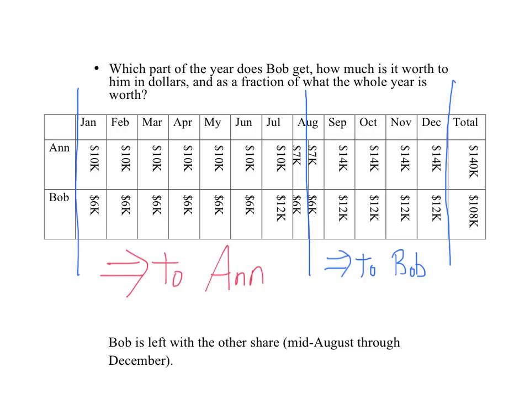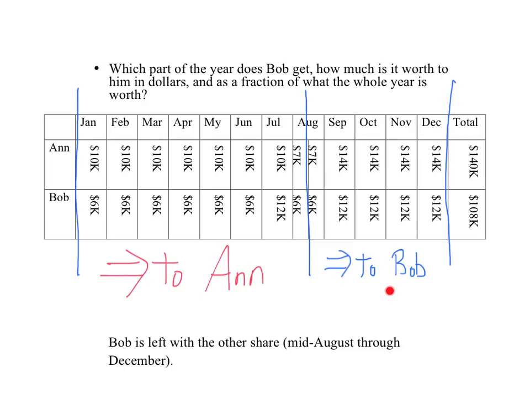Our last comment is that it makes a difference who the divider is. In the previous version, when Ann was the divider, she divided at the end of July. When Bob is the divider, he divides in the middle of August. So it depends who the divider is, where the division is going to be. Similarly, when Ann was the divider, she got exactly a minimum fair share and Bob got extra.